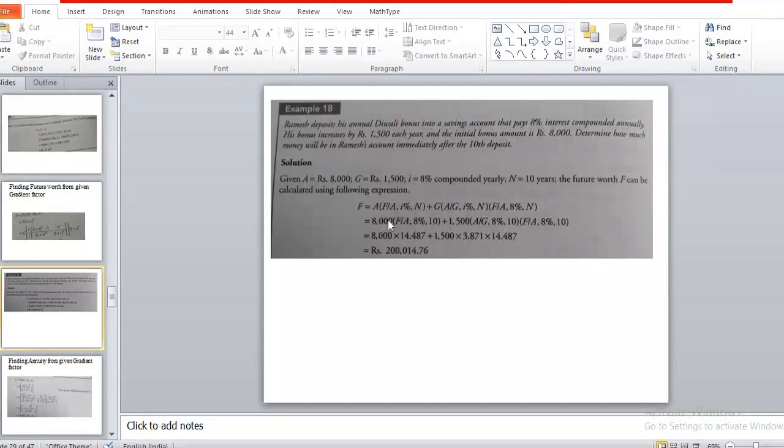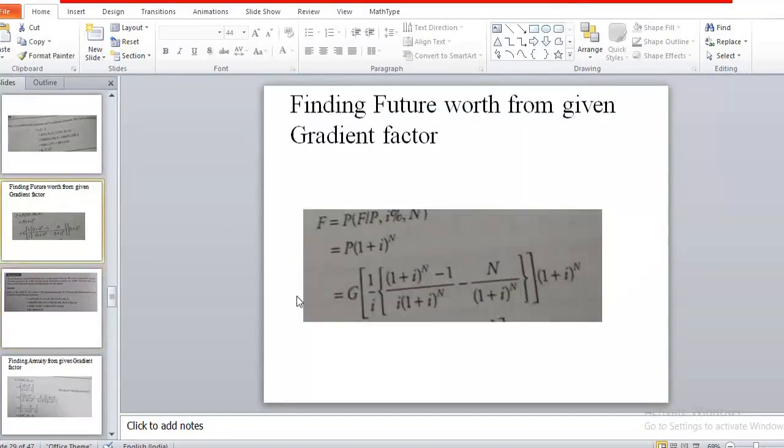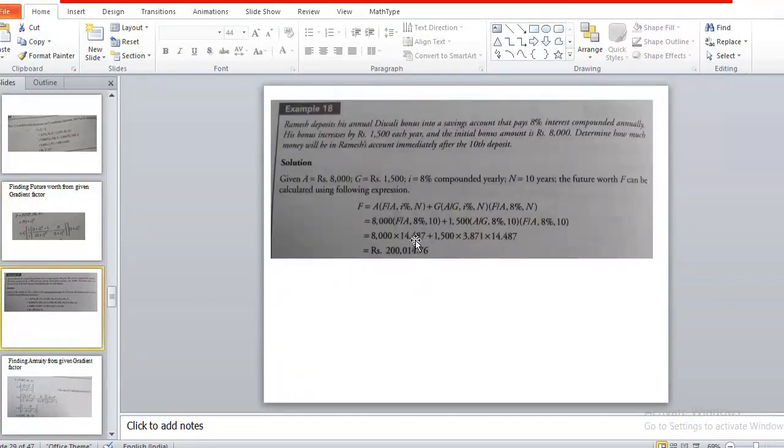Calculated like this. We know the formula for the future equivalence factor that we already went through. By using this future equivalence formula, we can find this factor as 14.487.